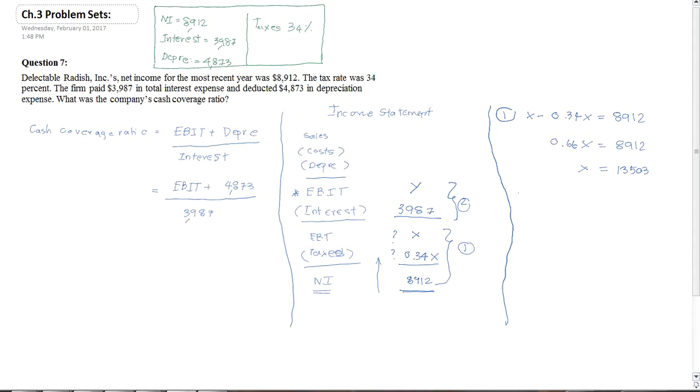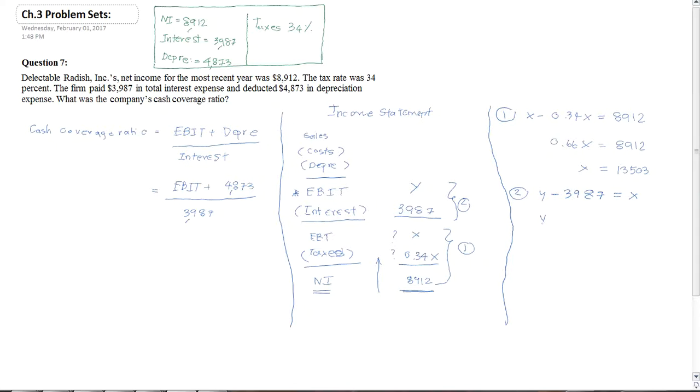Moving up to equation number 2, EBIT minus interest equals EBT. So we have y minus 3987 equals x.